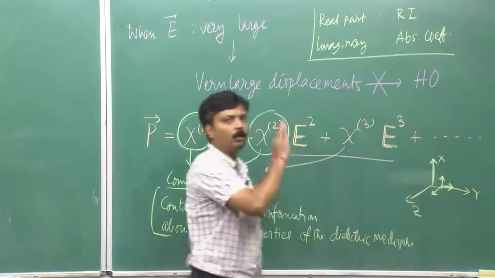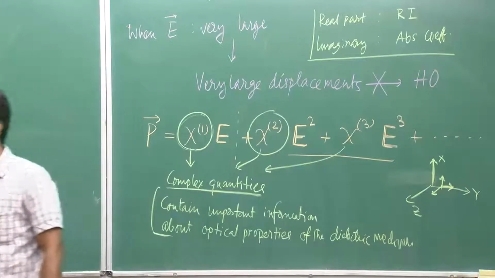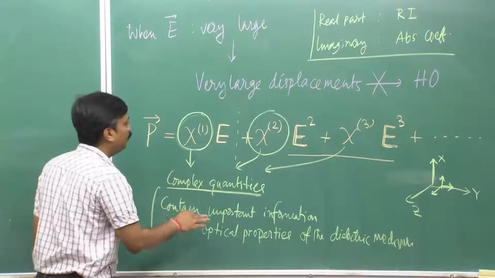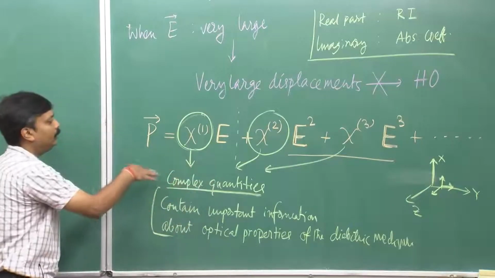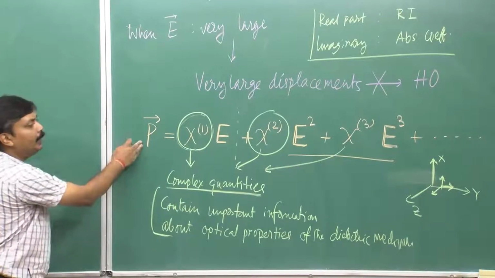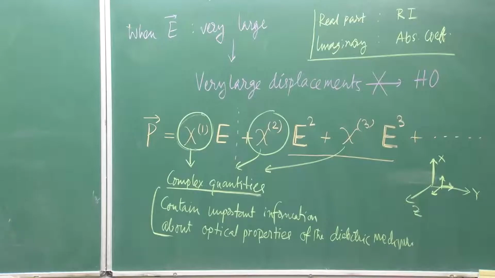We will not talk in too much detail about those things, but we should know at least that part. So, with this knowledge and knowing that these chi's or susceptibilities are tensor quantities, let us rewrite this expression in the correct way.